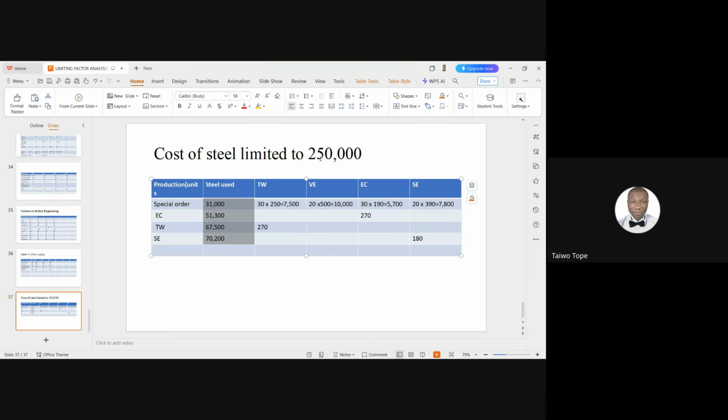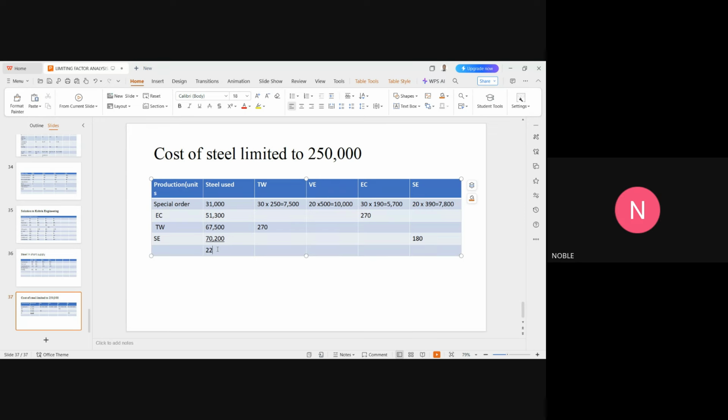So you have to ask yourself, do you still have more money left? 250 minus all these, how much do you have left? 30,000. You have 30,000 left.